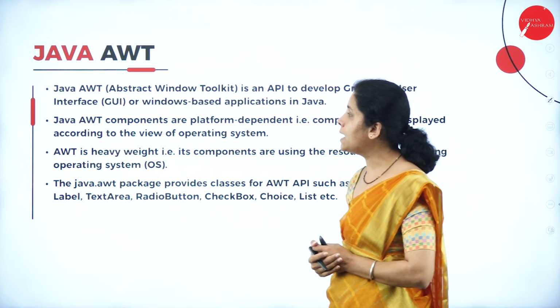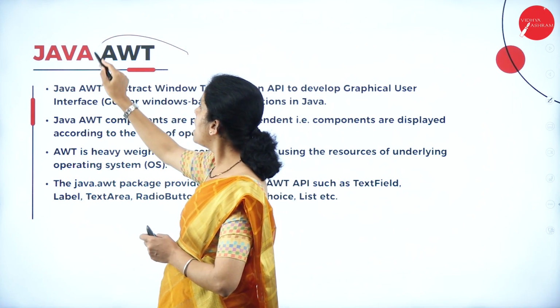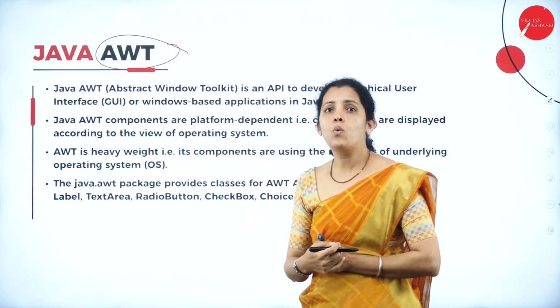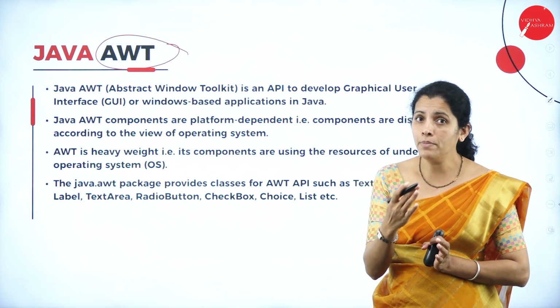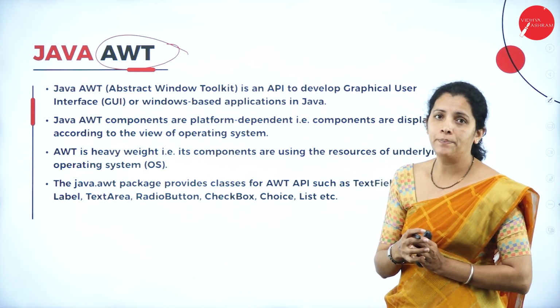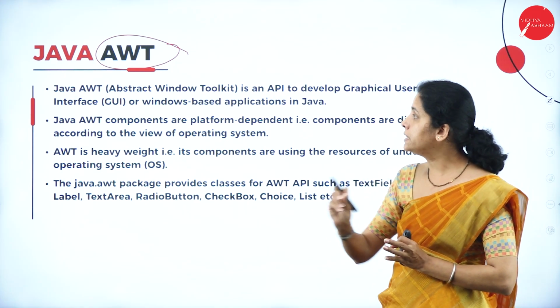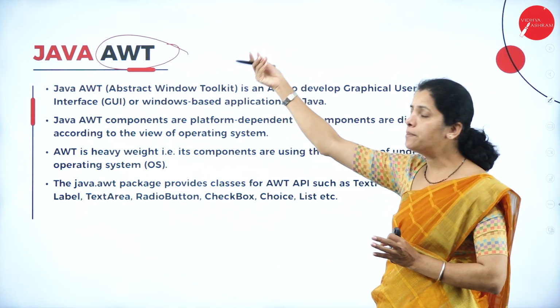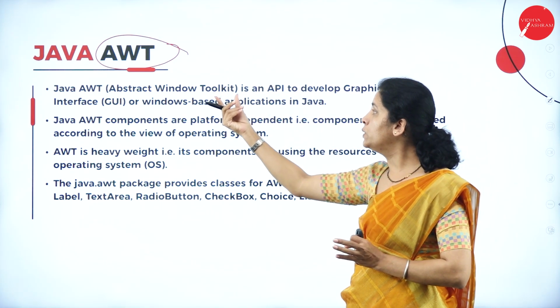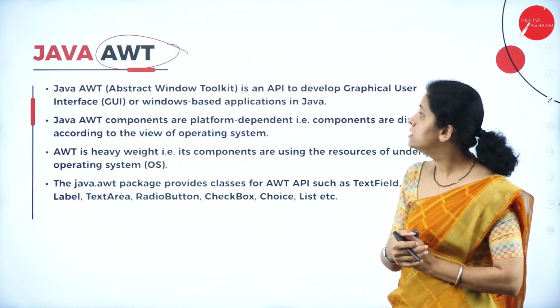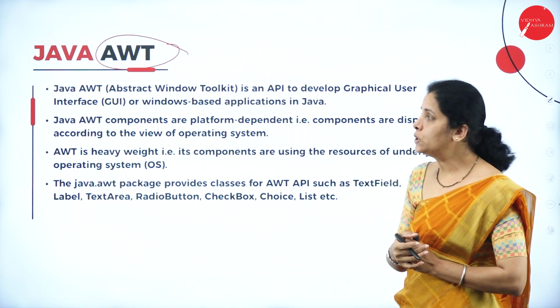Now, dear student, I am going to have Java AWT. So, what is A, what is W, and what is T? A is the abstract, W is Windows, and T is the toolkit.